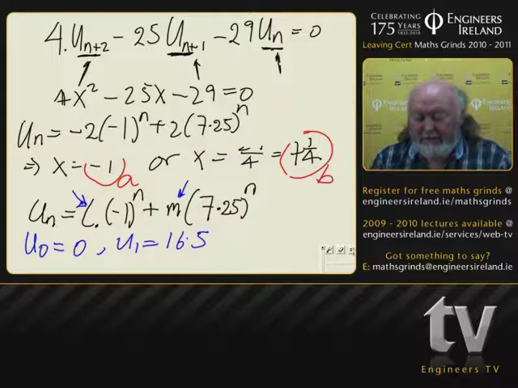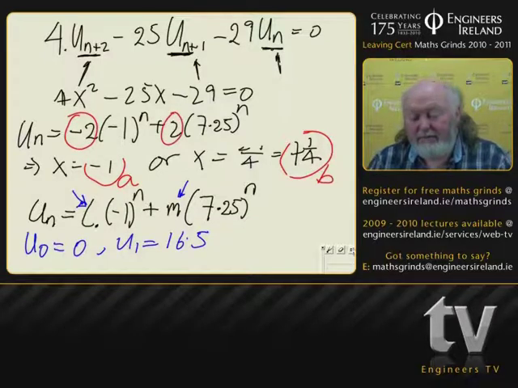So after solving the two simultaneous equations, we find that L is minus 2 and the M is 2. So we just sub it in.